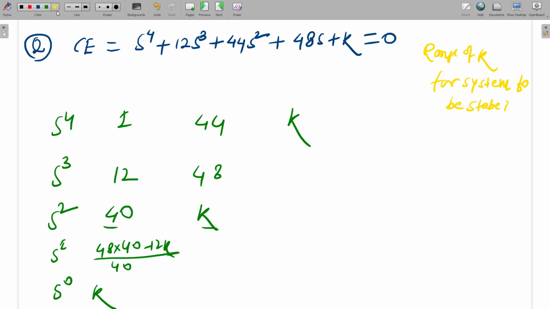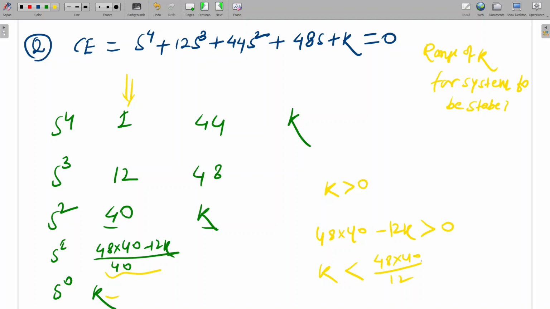So the rule is all coefficients of the first column should be of the same sign. So this should be greater than 0 and this should be greater than 0. Two criteria should be applied. So k greater than 0, and another thing is 48 into 40 minus 12k greater than 0. So k will be less than 48 into 40 by 12.